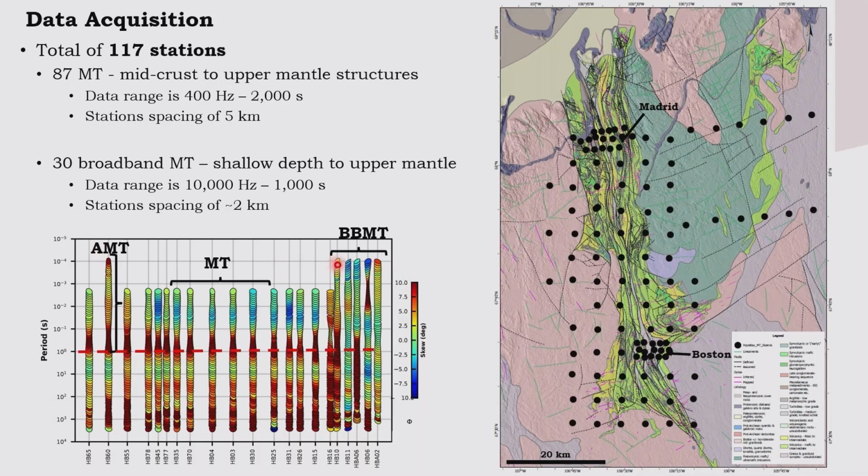It extends from 10,000 hertz to as far as we can go, depending on how long we stay there at the station. So that means we can independently model this area and obtain information from very shallow depth, like a few hundred meters, all the way to the upper mantle. And so the idea of the source to sink would be easy to follow.